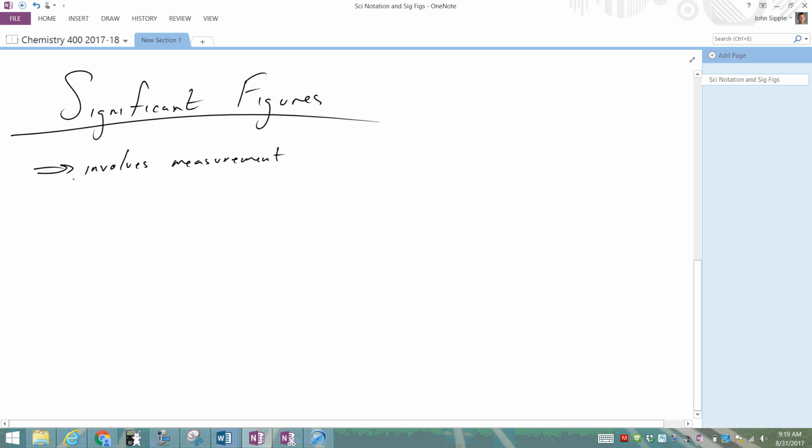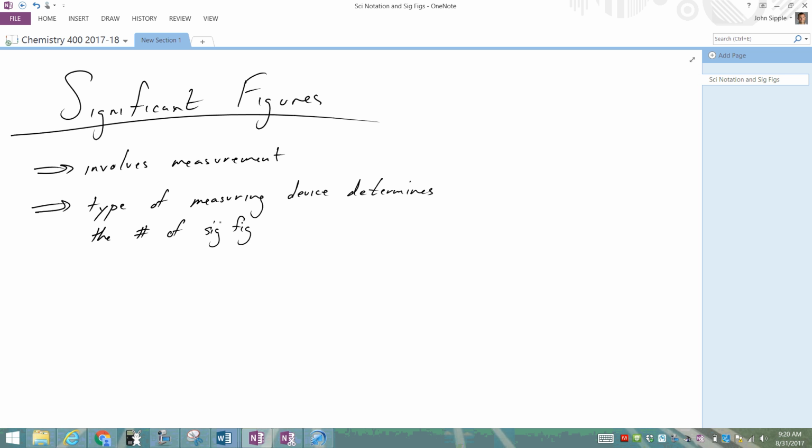Okay, just so we understand that. And so what's important there is the type of measuring device. Determines the number of sig figs. I kind of abbreviate significant figures as sig figs. Okay? So it deals with measurement.